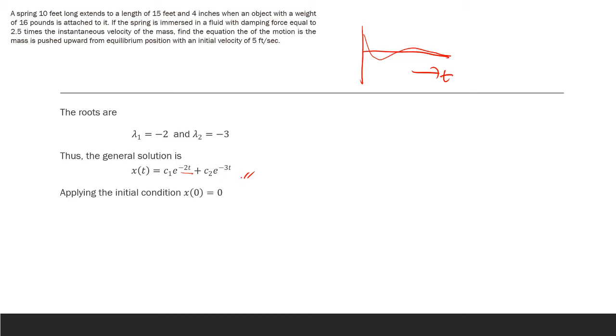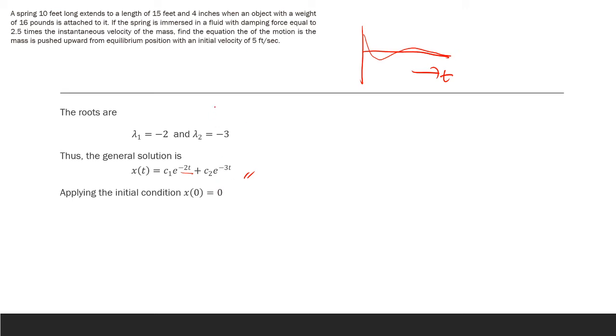So, since it is raised to a negative number, there will come a time when the value of t is so large, and the exponent is so negative, that your x will just be approaching 0 or will just stay at 0.